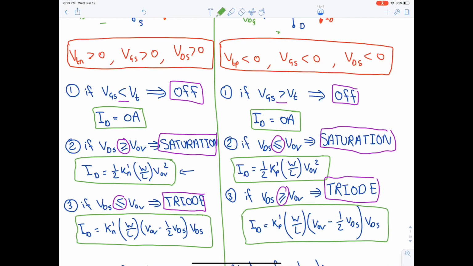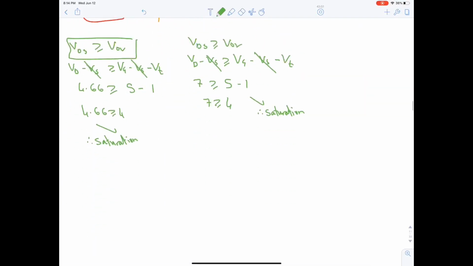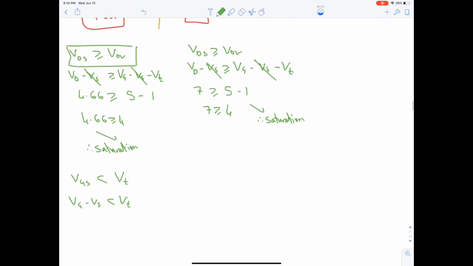It's VGS less than VT. So is VG minus VS less than VT? In order to solve this check, we need the VS first. So let's do it.